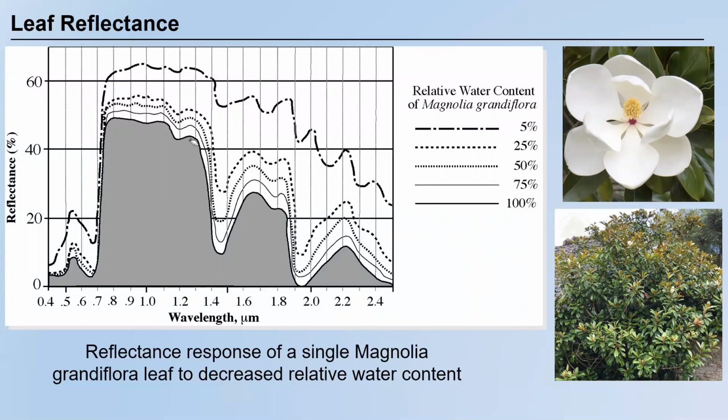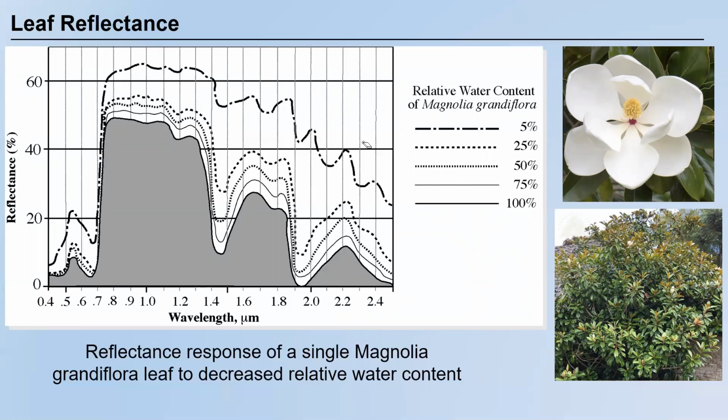Then you can compare their reflectance spectra, because water content can considerably affect the reflectance of vegetation within the whole spectrum of EMR, from visible light to mid-infrared.